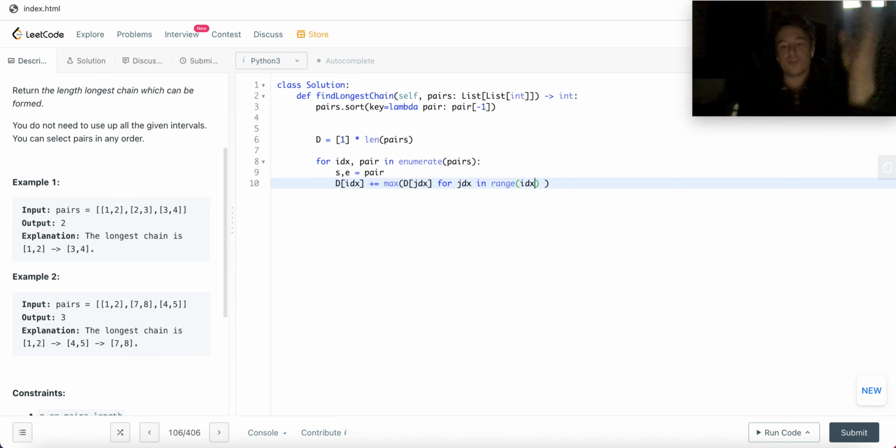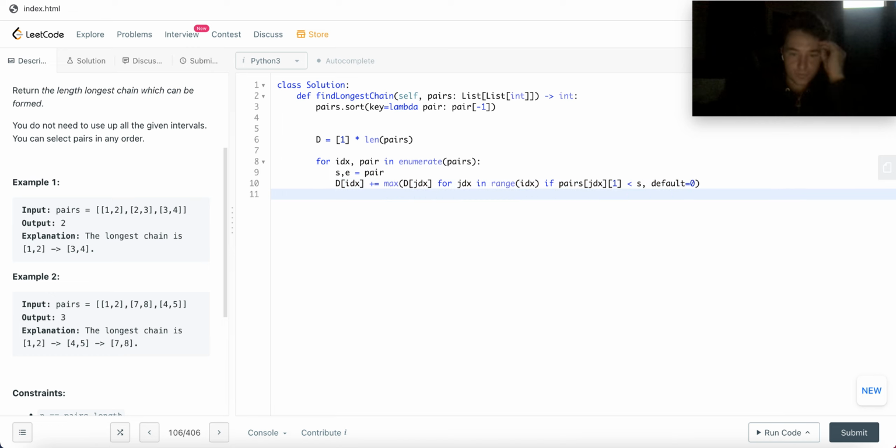I can check all the nodes to my left because they all have an end time before my end time, as long as they end before I start. And then it might be the case that nothing meets that situation, so I have no neighbors that go into me, so the default is 0.